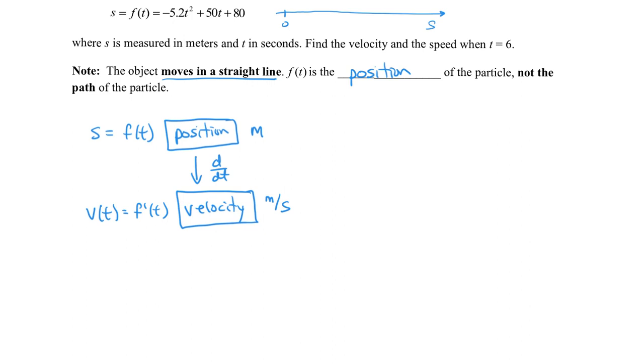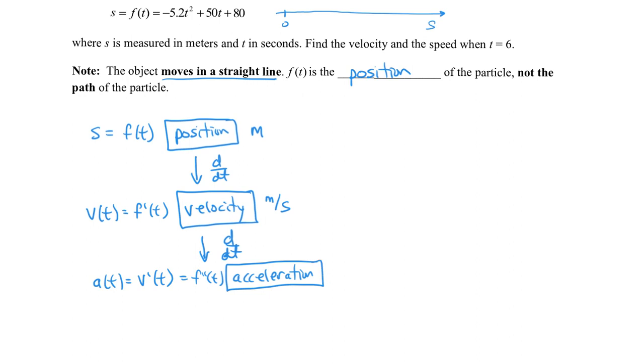Okay, so then we'd have velocity, and then if we once again take the derivative of velocity, this time with respect to time, then we get acceleration. So acceleration is equal to the derivative of velocity, and it's equal to the second derivative of position. And that is acceleration. And that is in meters per second squared.